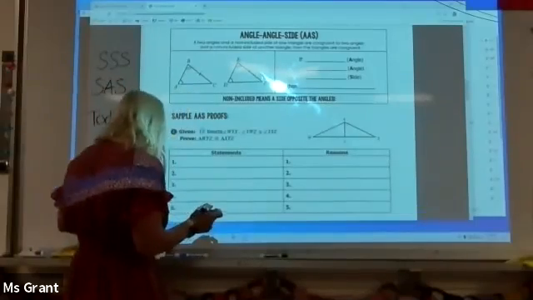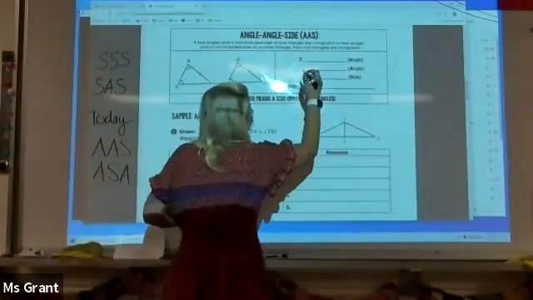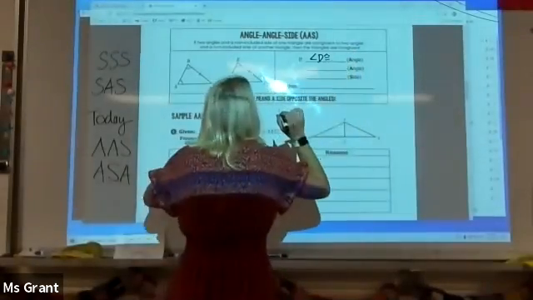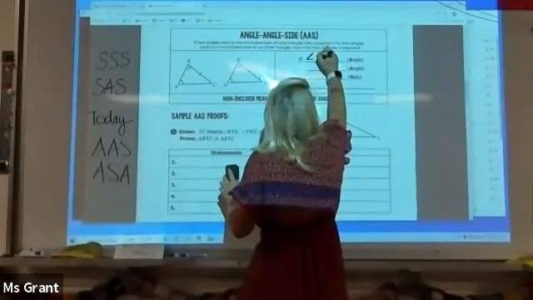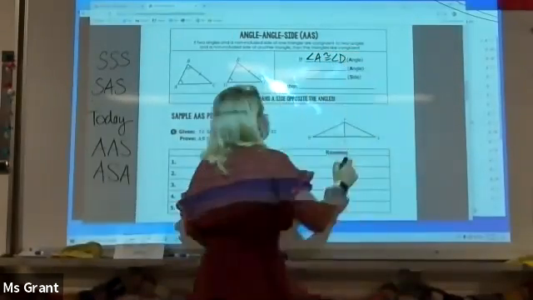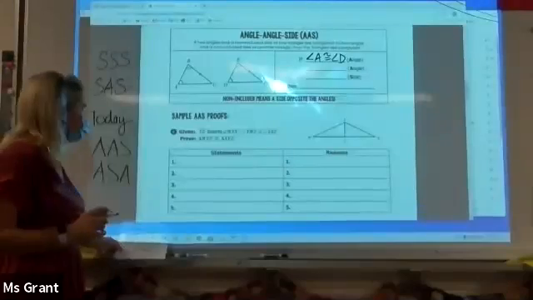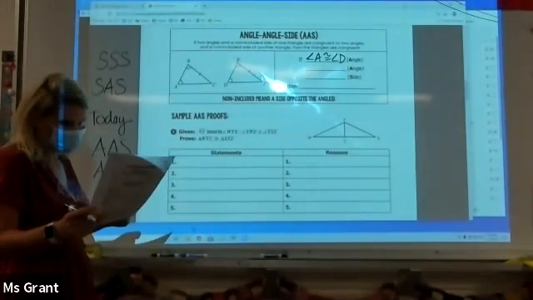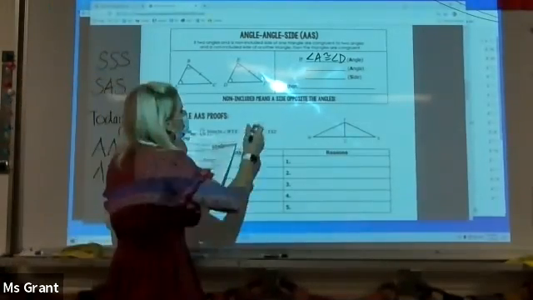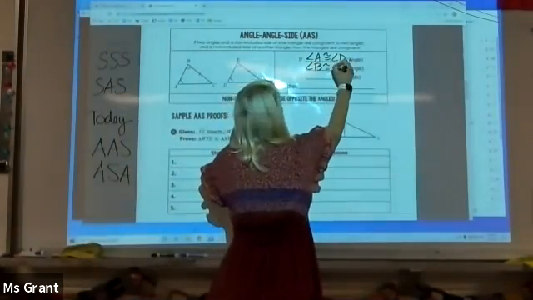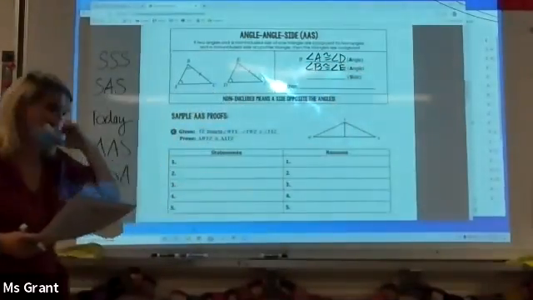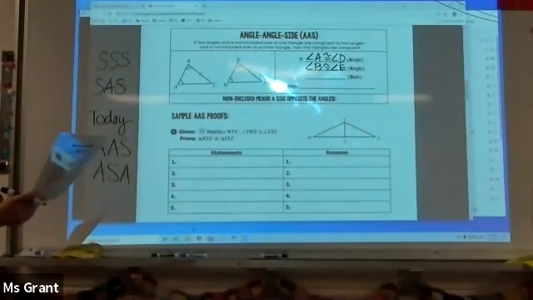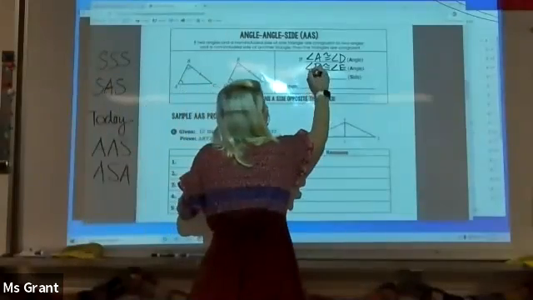The angles that I'm talking about are going to be angle D and angle E. Angle A is congruent to angle D. Angle B is congruent to angle E. The lines BC and EF are congruent, and in that order too.